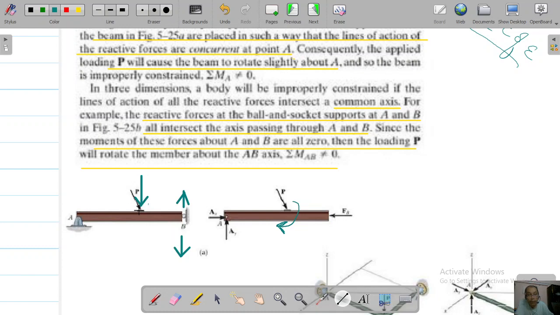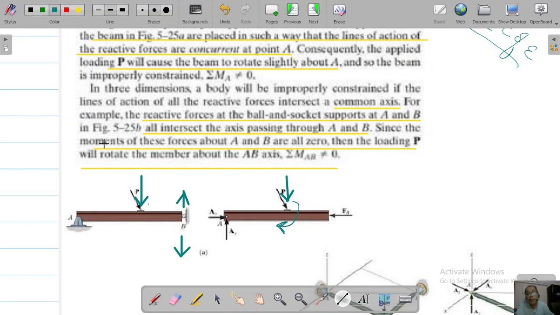This component of P, the vertical component, has the tendency to rotate this piece. This component basically can create a rotation from the point A.